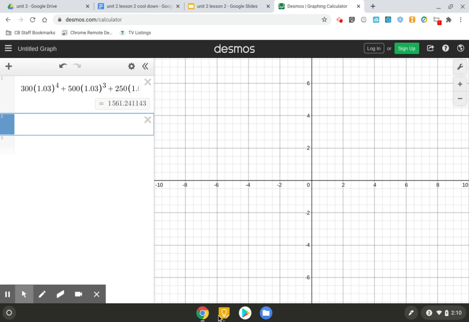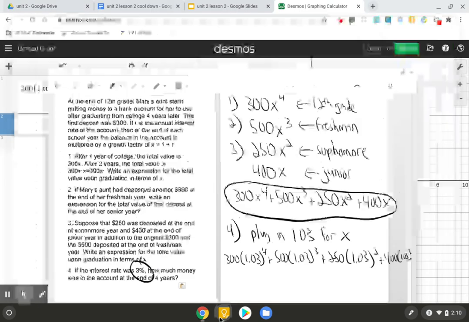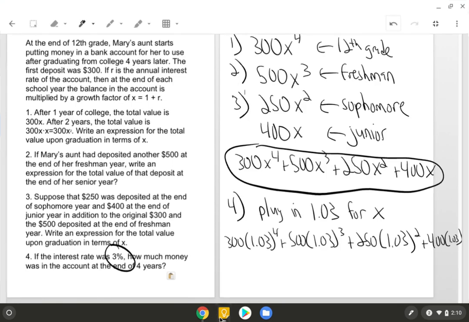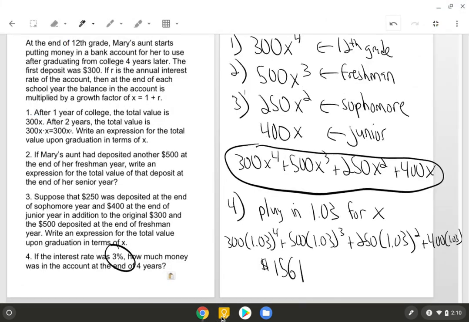Okay. Now, considering we're talking about money, we're going to round to 2 decimal places. So if the interest rate was 3%, how much money was in the account at the end of 4 years? It's going to be $1,561.24.